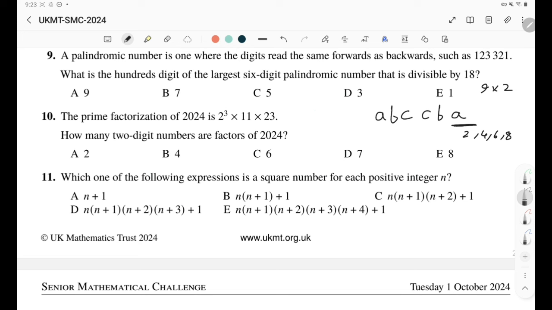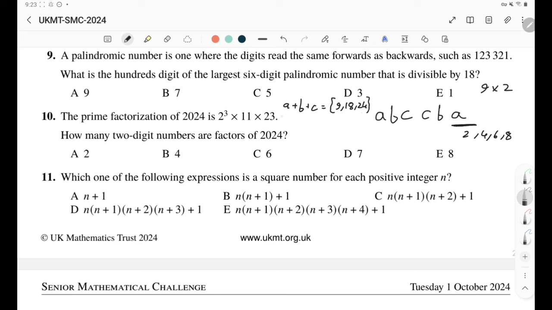What are the possible multiples of 9? They can be 9, 18, or 27.